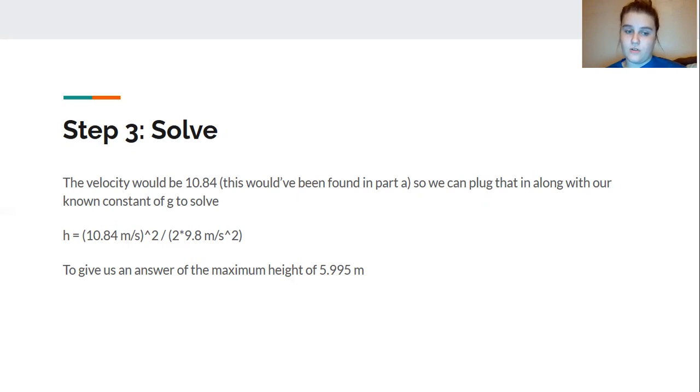So h would equal 10.84 meters per second squared divided by 2 times 9.8 meters per second squared. And this would give us a final answer of the maximum height of 5.995 meters, and you can write that as 6. And so that's how you find the maximum height.